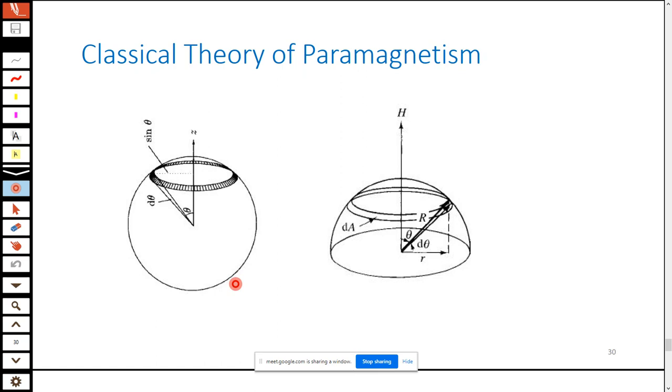So what is done here is we assume that we have a field, let's say along the z-axis. So this is our z-axis, and this is the field direction, and then we assume that these are our magnetic moment vectors.